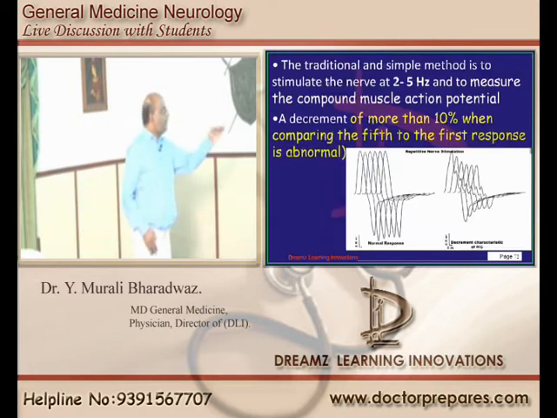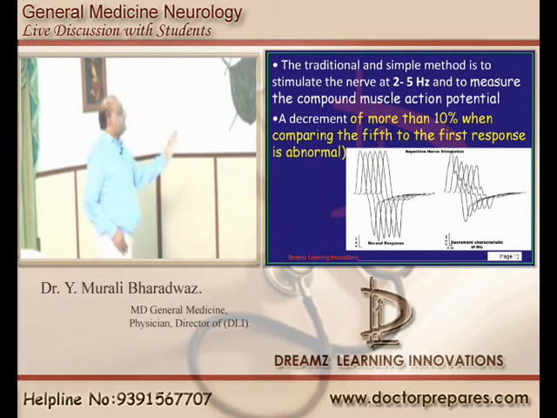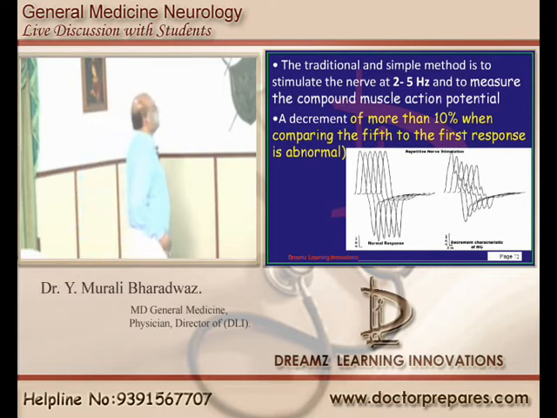So you will be applying 2 to 5 hertz frequency and measuring the muscle action potential, and a decrement of more than 10% in the height of the amplitude between the first wave and the fifth wave is diagnostic of a decremental conduction, which is seen in myasthenia gravis. That is what needs to be remembered.